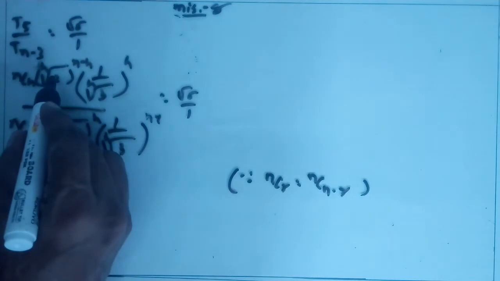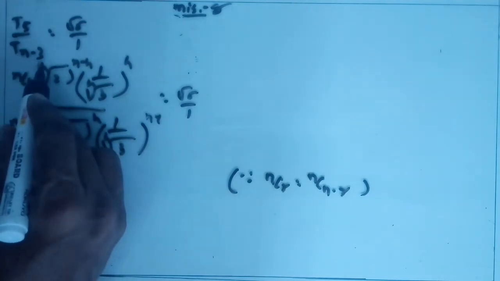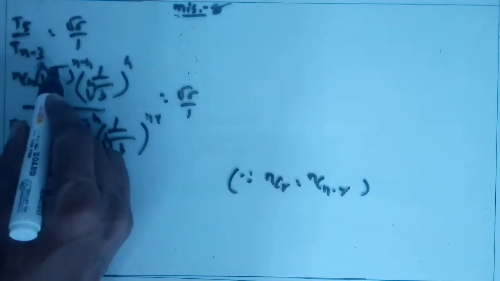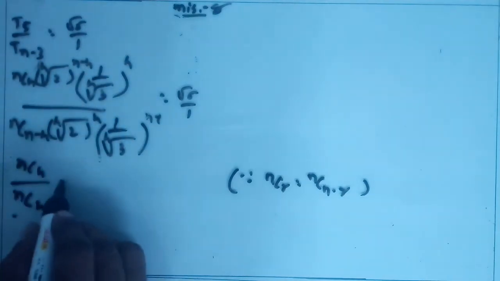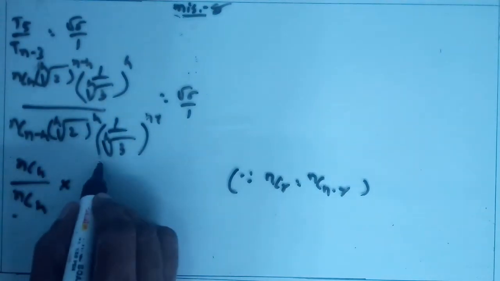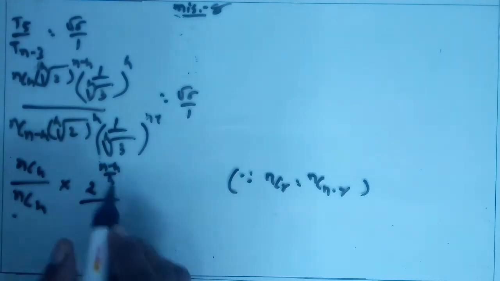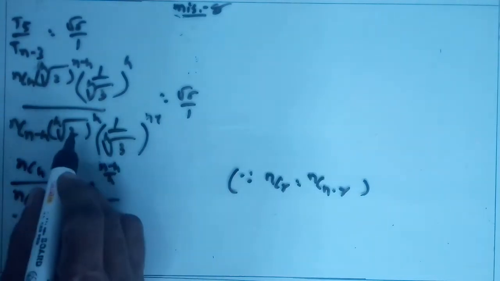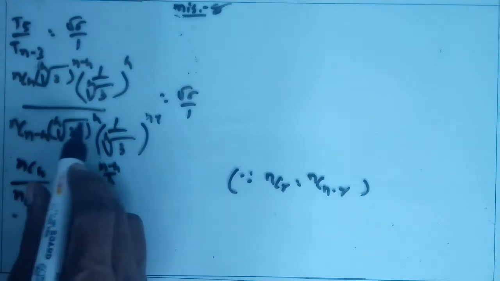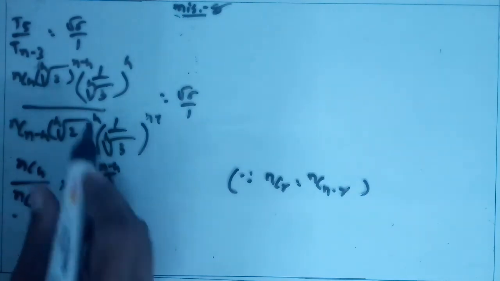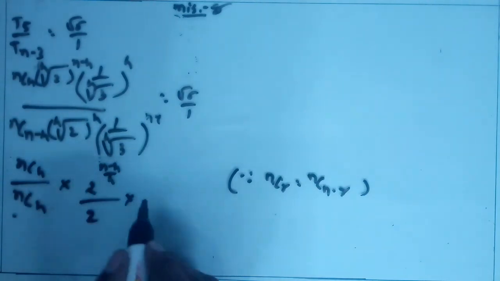Now 2 raised to 1 by 4 raised to n minus 4 becomes 2 raised to n minus 4 upon 4. Clear? Upon the same here, fourth root of 2 raised to 4 is equal to 2.